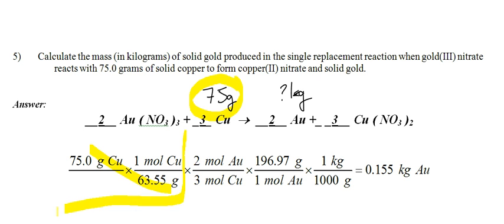That is step 2. Step 3, use your mole ratio to get rid of moles of copper and convert to moles of gold. And then the last step, this is a pretty involved step 4. So we convert the moles into grams, then the grams into kilograms. We don't have a conversion to go directly from moles to kilograms. So do show those steps.